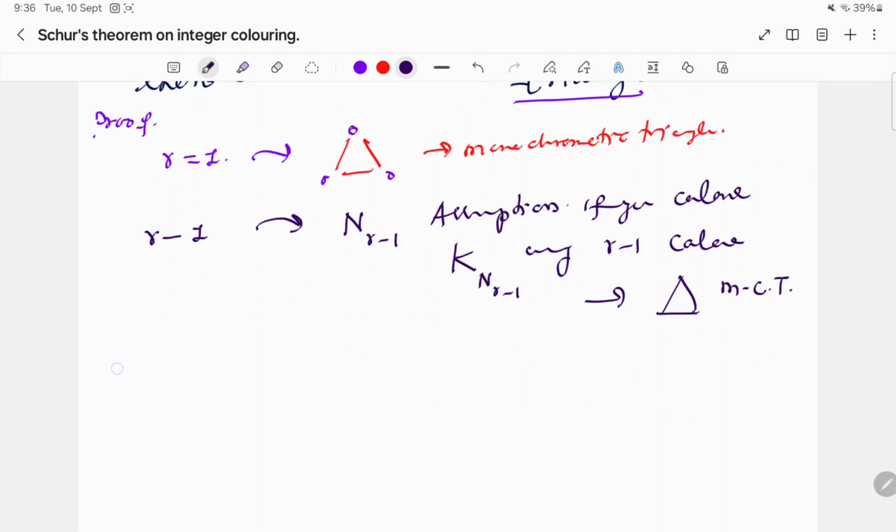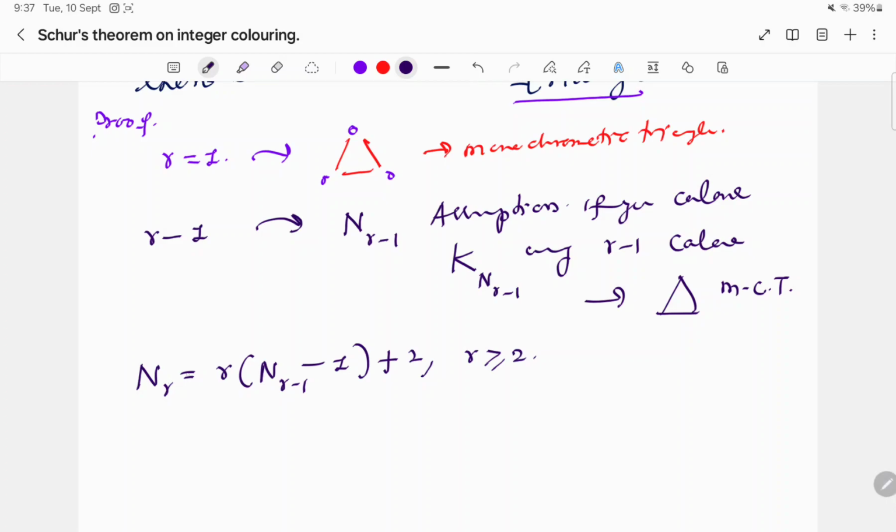Now you color K_{N_R}, right? So I predict N_R is equal to R times N_{R-1} plus 2 for R greater than or equal to 2. So I assume this. This is my prediction.